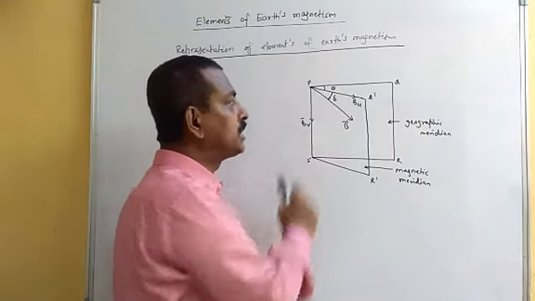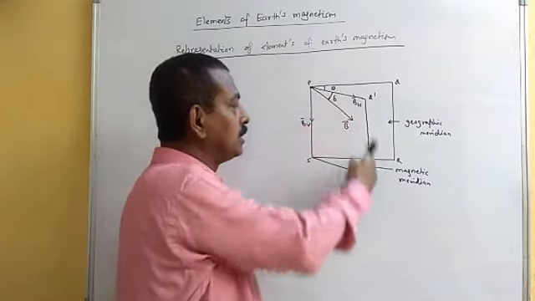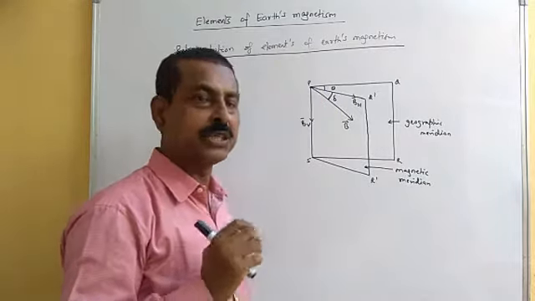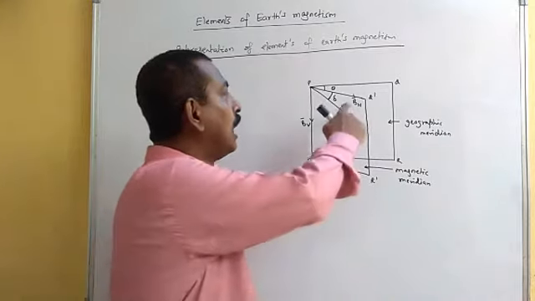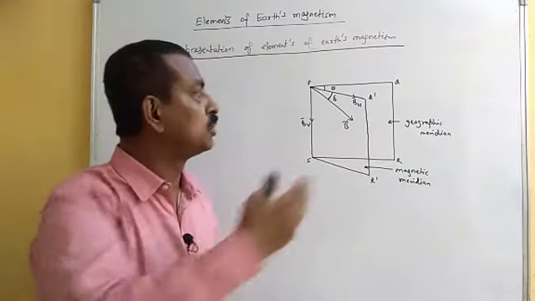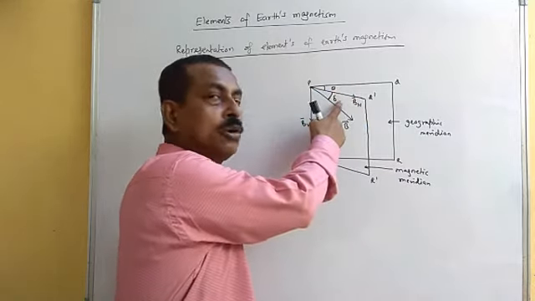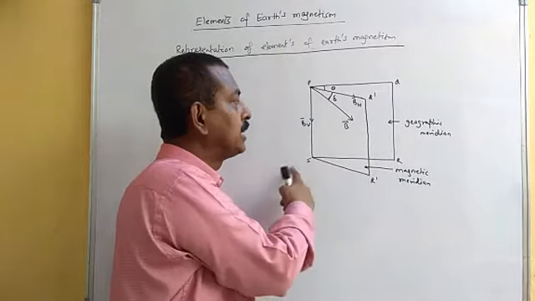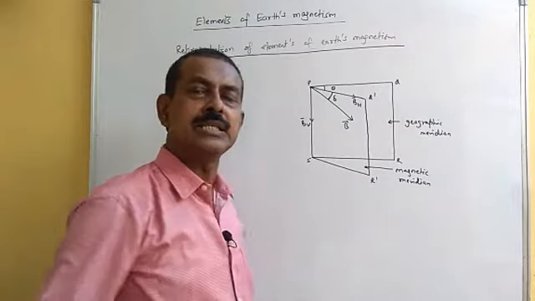So B represents the Earth's magnetic field at that place, and obviously this will be lying in the magnetic meridian. This theta represents the declination. Delta is the angle of dip. And BH, which we have taken as the horizontal component of Earth's magnetic field, is the third element. So we have the declination, angle of dip, horizontal component, also the geographic meridian, magnetic meridian, and the vertical component of the Earth's magnetic field, all represented in a single diagram.